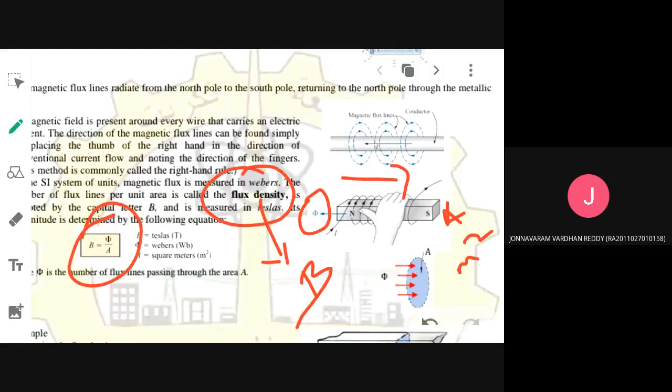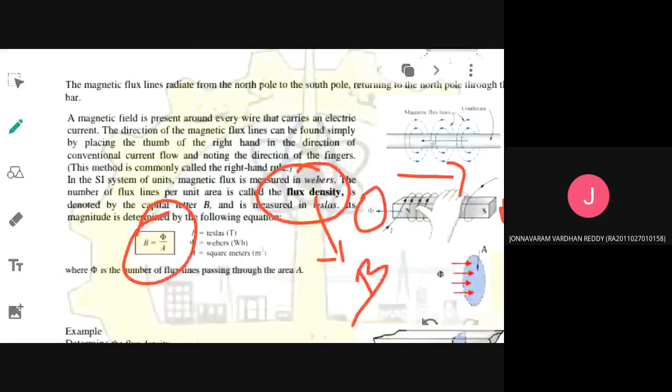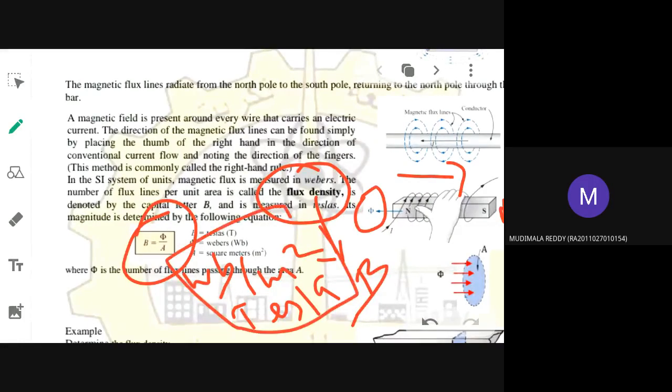Flux density, and the notation for that is B. B is equal to phi by A, Weber per meter squared, or otherwise Tesla. Tesla or Weber per meter squared is called magnetic flux density. Understood? Yes, ma'am.